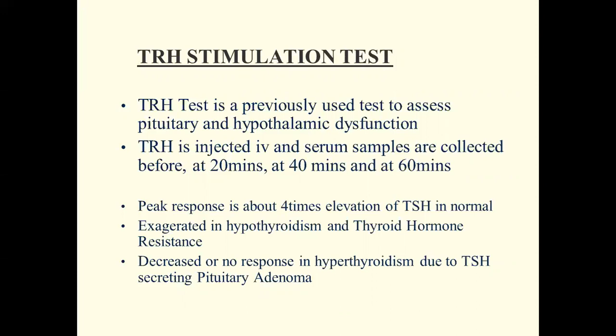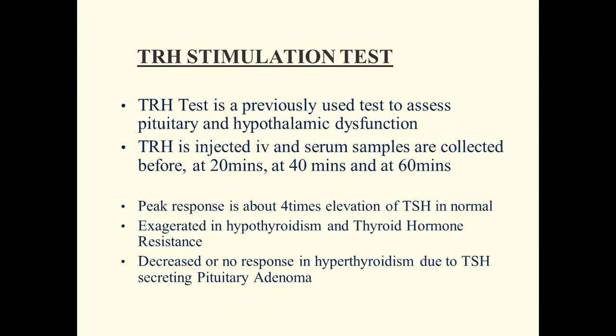Here, when the TRH hormone is injected IV, there is an elevation in TSH secretion. Usually it is around 4 times the normal value in a normal person. This elevation becomes exaggerated in hypothyroidism while it is decreased in central types, so it's basically used to differentiate between central types of hypothyroidism.